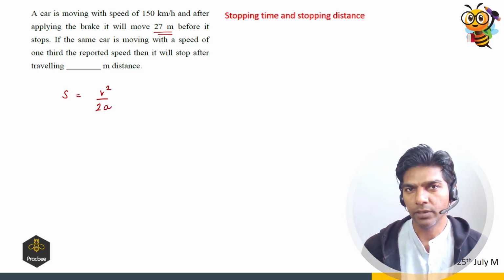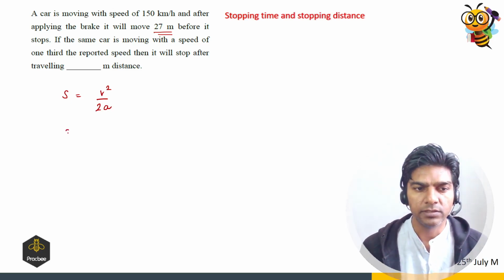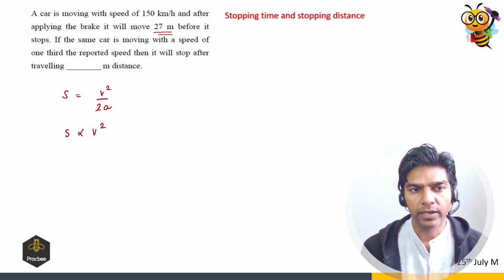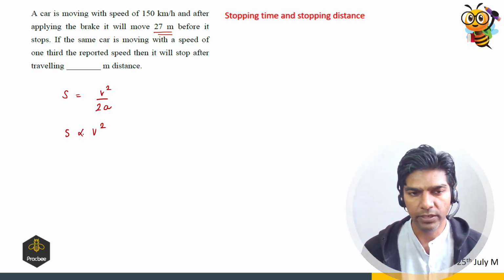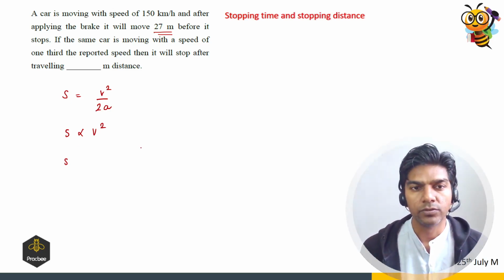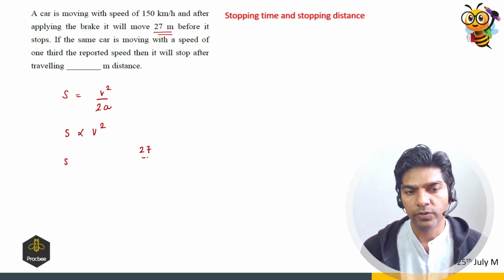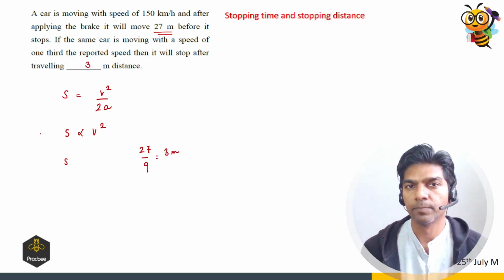Since we have the same car, we are exerting the same force, so we are assuming acceleration is the same. So the stopping distance will be directly proportional to the square of the velocity. Since we have decreased the velocity by a factor of 3, the stopping distance will decrease by a factor of 9. So the stopping distance now will become 27 by 9, which is 3 meters. So 3 is the answer of this question.